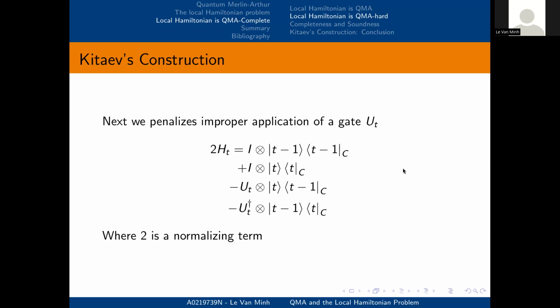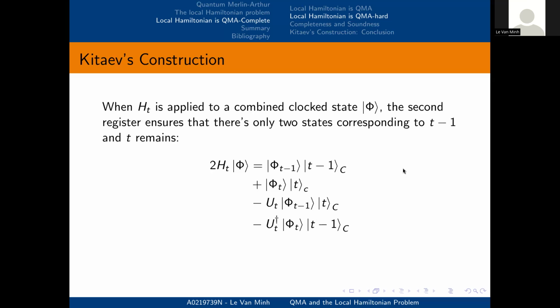Next, we penalize the improper applications of a gate UT using the term HT, constructed as follows. So how is this going to work? Now we will see what will happen if we apply some clock state phi onto HT. It will evaluate into the following thing that you can definitely verify yourself.